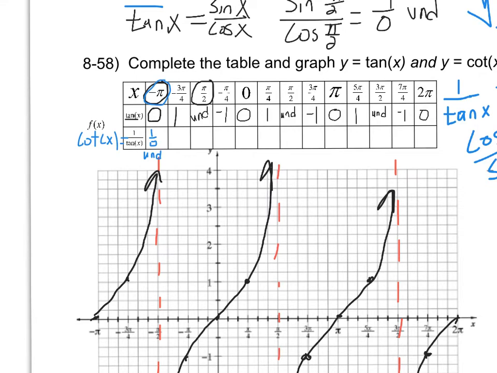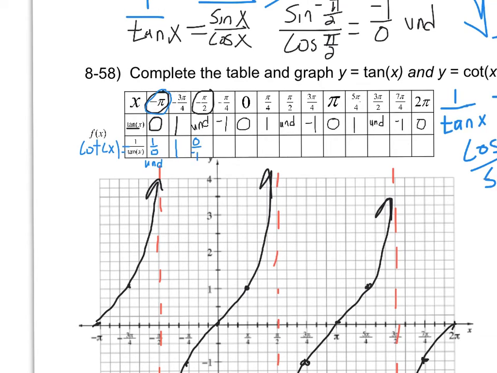And if you go to a negative 3 pi over 4 and take a look at the cosine over the sine, you're going to get 1. And if you go to a negative pi over 2 and take a look at the cosine over the sine, you're going to get 0 over a negative 1, which is just equal to 0.